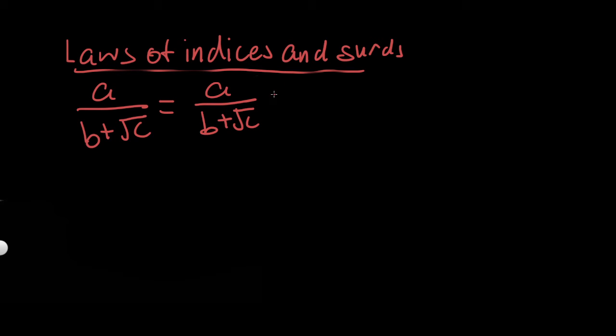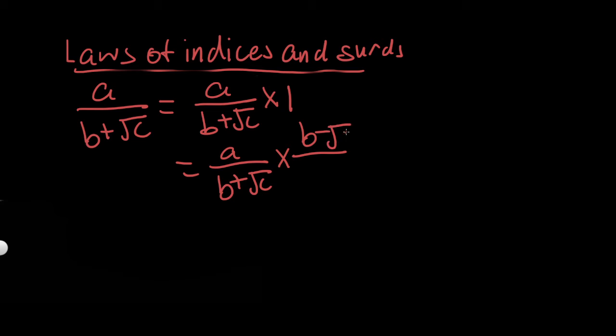But there's an invisible times 1, because it's the same thing. One can do this because 1 equals a over a, or n over n, where n is any number. You could do something like b plus square root c times b minus square root c.